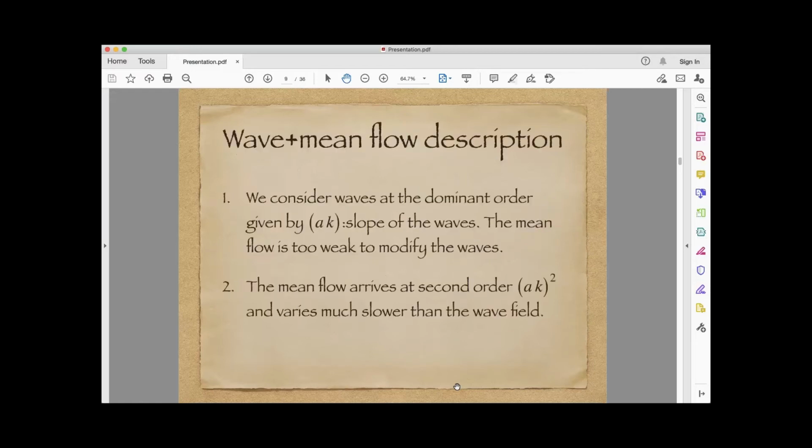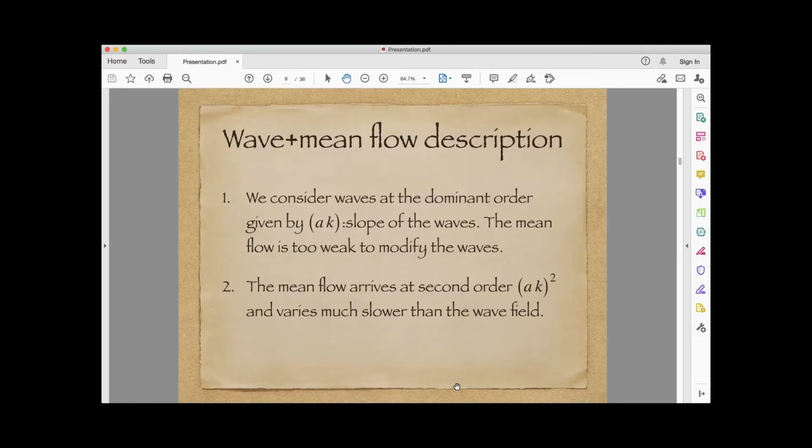At the dominant order, we have the waves, the amplitude is given by ak, and the mean flow is too weak to modify these waves. At the next order, we have a mean flow that arrives at the second order in ak, so ak squared. The other thing that we take is that the mean flow varies much slower than the wave field, as in the typical time scale of the mean flow is much larger than the typical time scale of these waves.